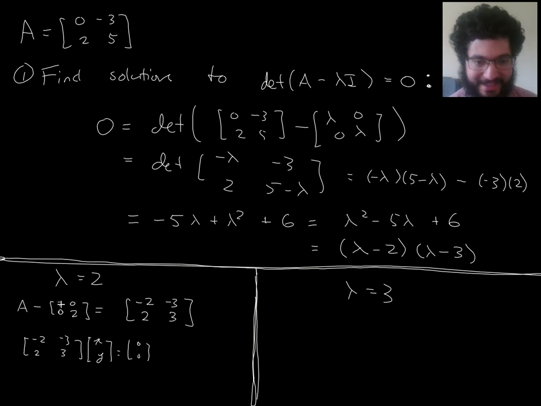The fact that we subtracted 2 off the diagonal here was a consequence of wanting to make the determinant of this 0. So no surprise that one row is a multiple of the other row. So you only need one of the equations. So let's say I take 2x plus 3y equals 0. The other equation is just a repeat of the same equation.